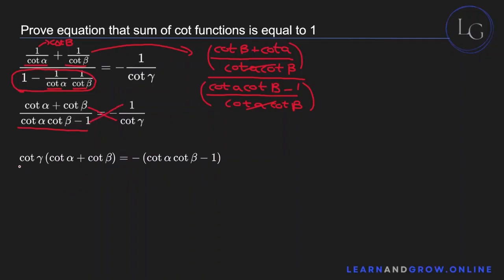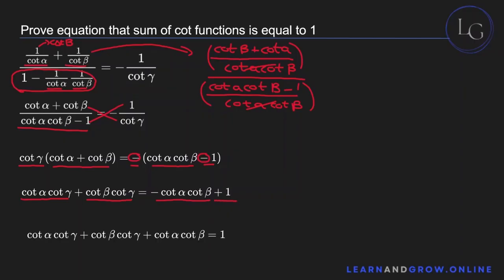So you get this cotangent gamma into cotangent alpha plus cotangent beta is equal to negative cotangent alpha cotangent beta minus 1. Okay. Now you multiply and expand. So this becomes cotangent alpha cotangent gamma plus cotangent beta cotangent gamma is equal to negative cotangent alpha cotangent beta plus, because this negative and this negative multiply, so plus 1.